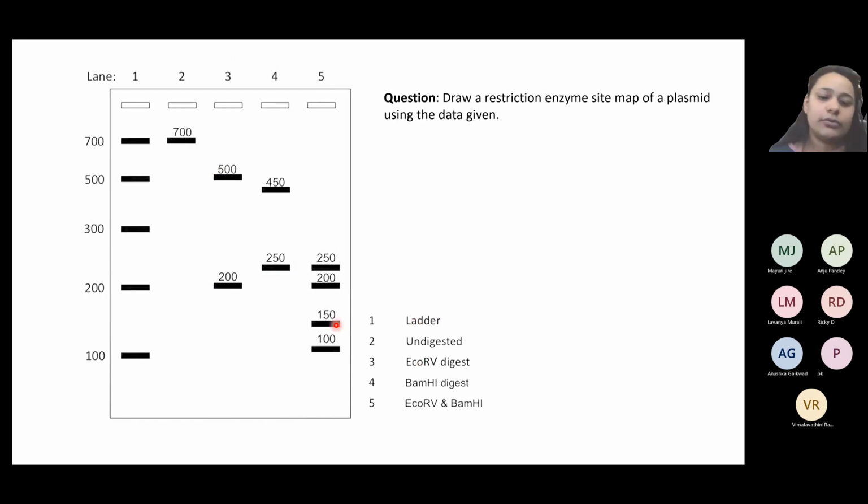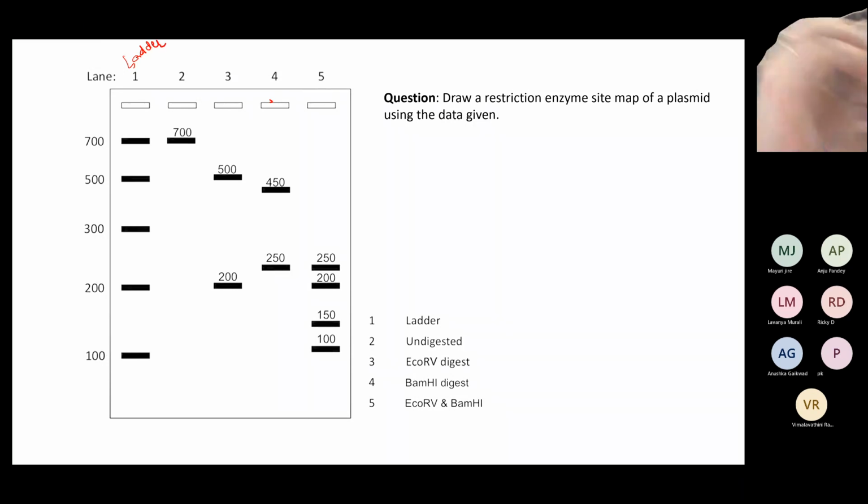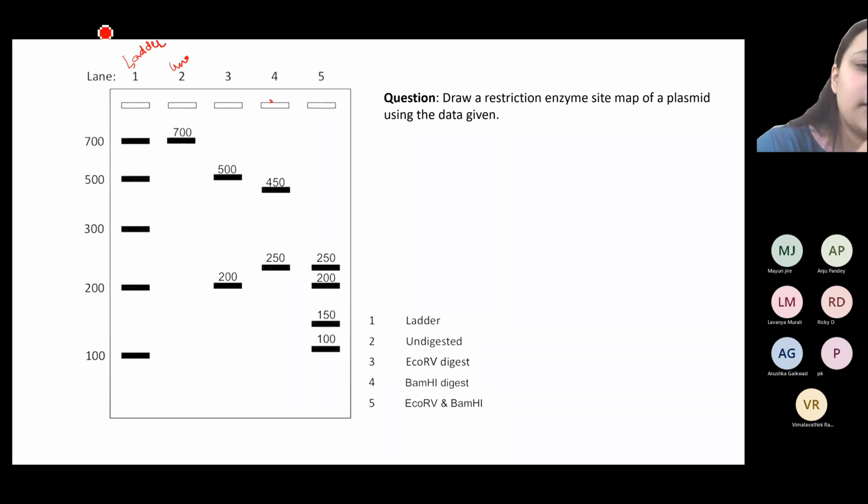First, let me just write it down, which one is which, for our ease later. So, lane 1 is basically ladder. Lane 2 is undigested. Undigested means that the complete fragment is going to be this huge, that is 700 kb, right? Then third is EcoR5.